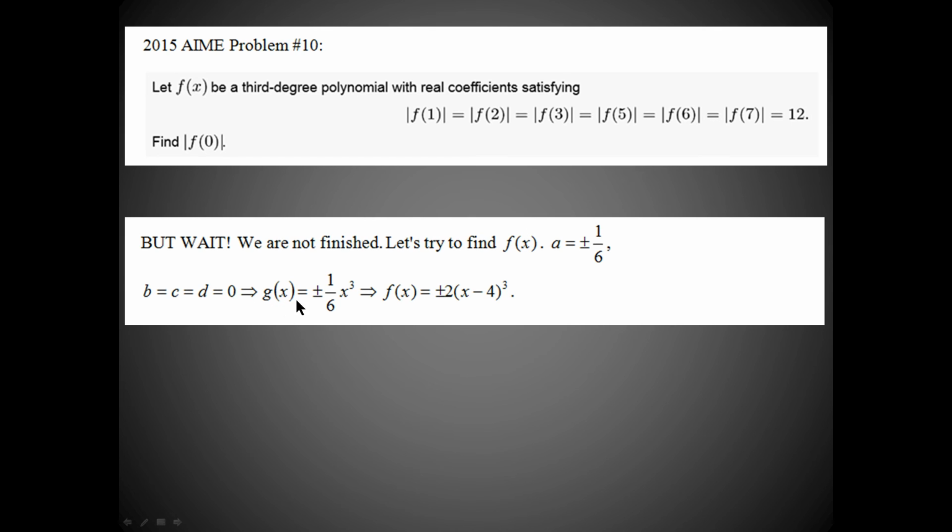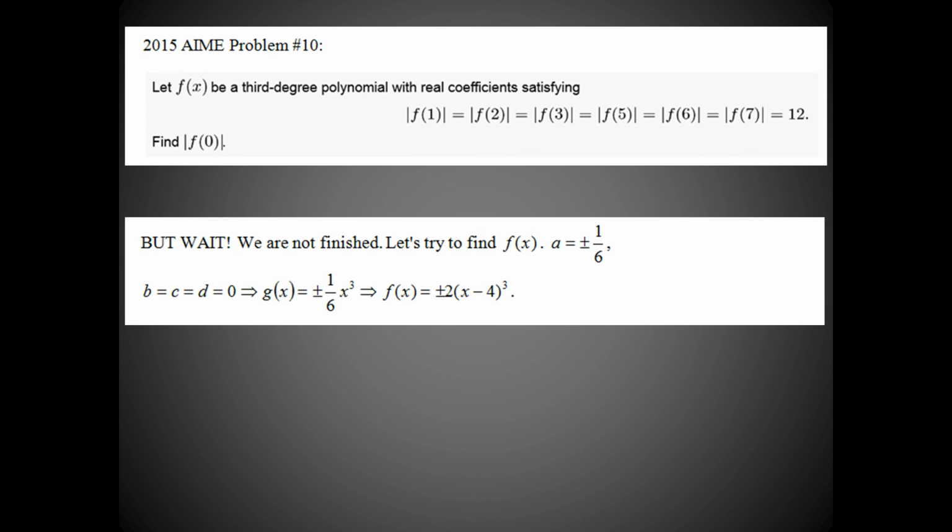So that means g(x) is this nice function, plus or minus 1 over 6 x cubed. Then f(x) will be just multiplying this by 12, then replacing x by x minus 4. f(x) will be plus or minus 2 times (x minus 4) to the cube power.